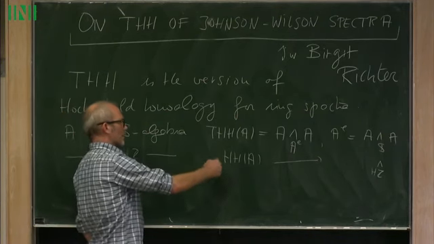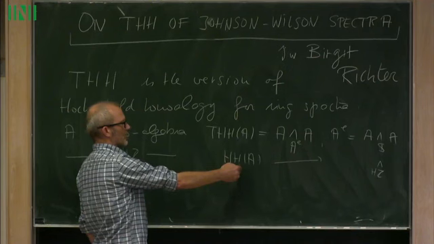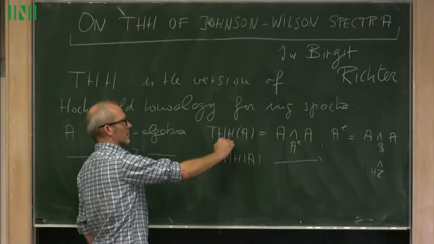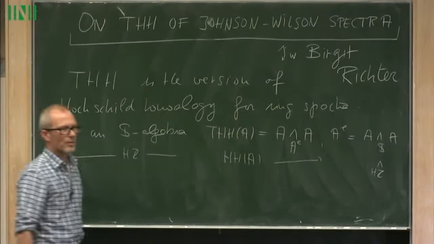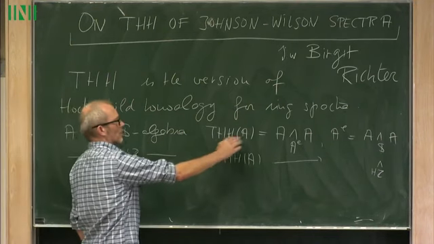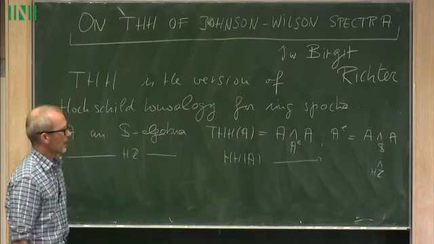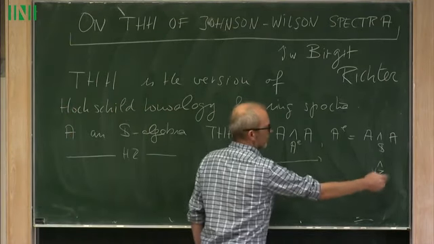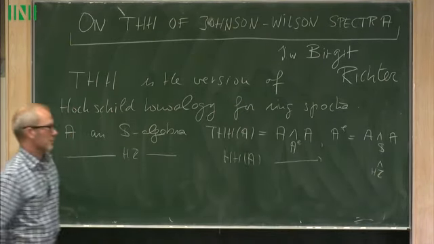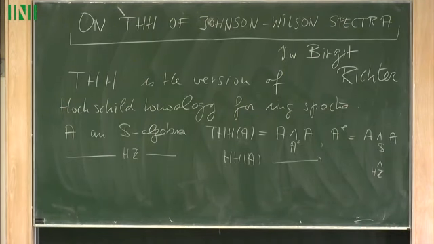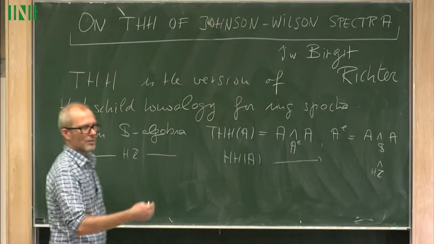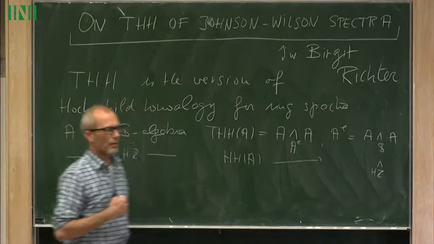And this S1 action gets promoted to something much richer, which is a cyclotomic structure on topological Hochschild homology, something that you don't have if you remain in algebra, and that leads to topological cyclic homology, which in turn is a great invariant for algebraic K-theory.